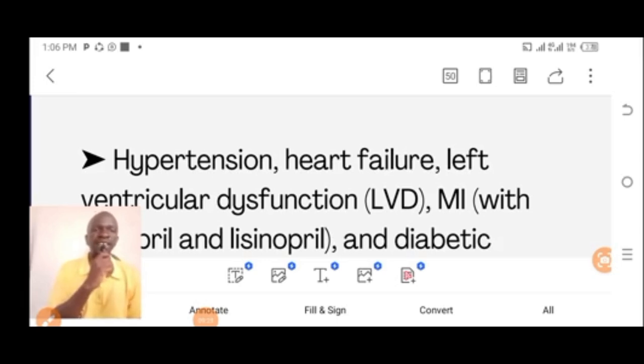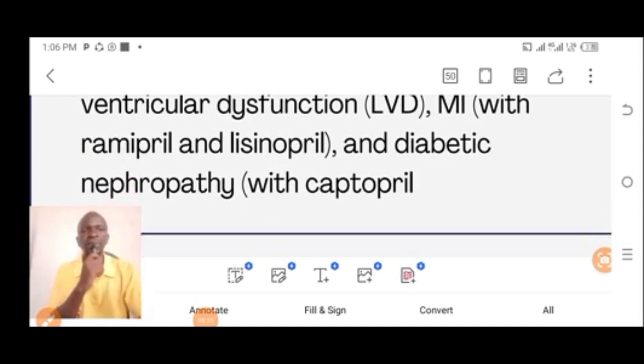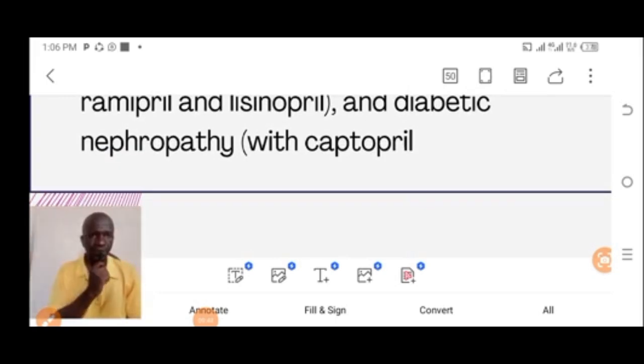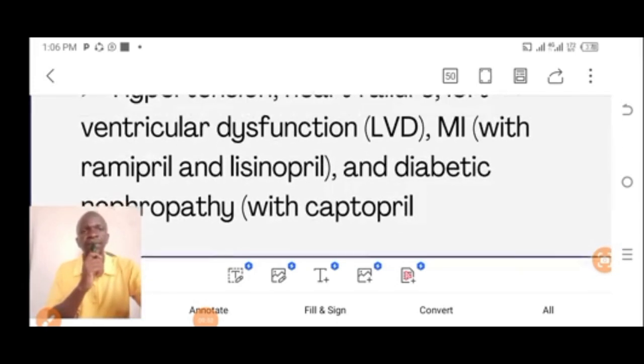Heart failure is also treated, right? And also left ventricular dysfunction, LVD, and MI, which is myocardial infarction, which is treated with ramipril and lisinopril. And then diabetic nephropathy, which is treated by captopril. So these are some of the indications for these drugs.